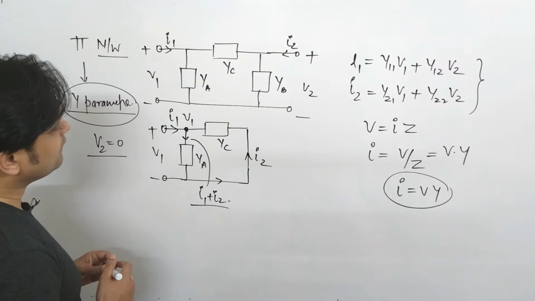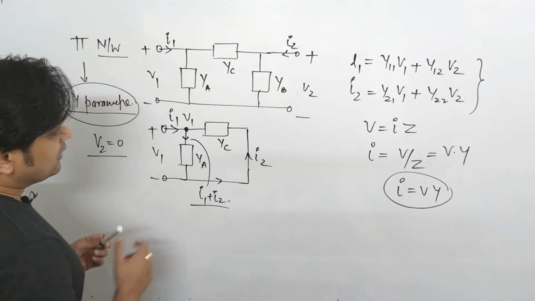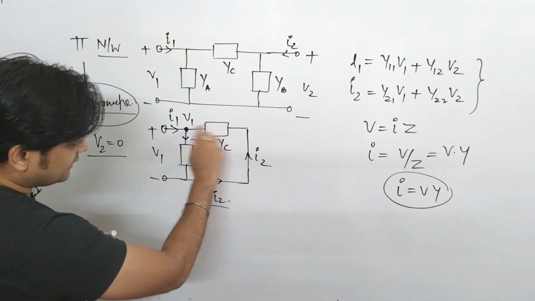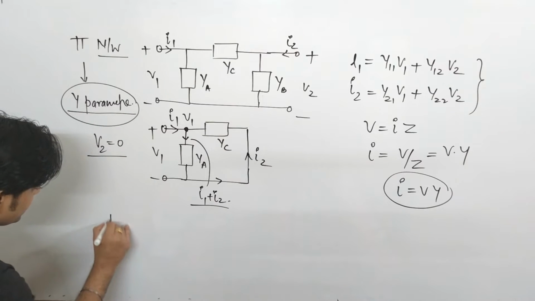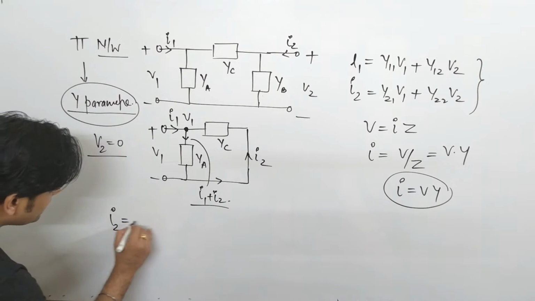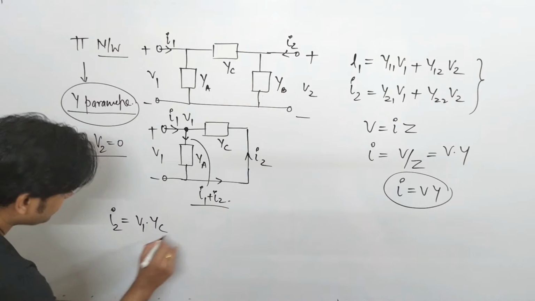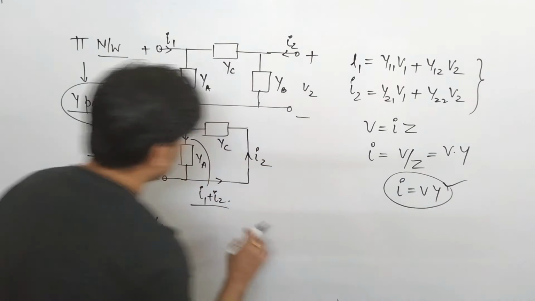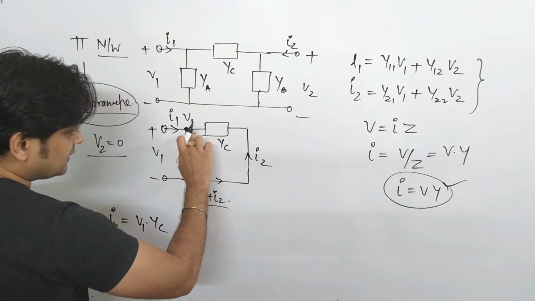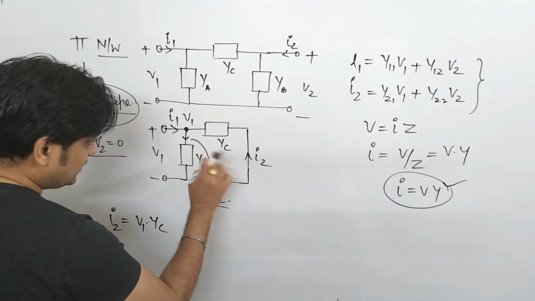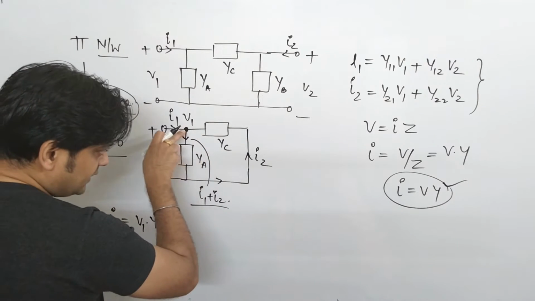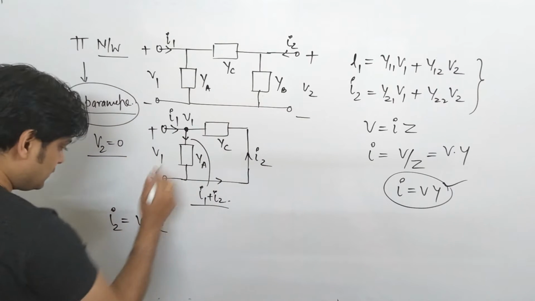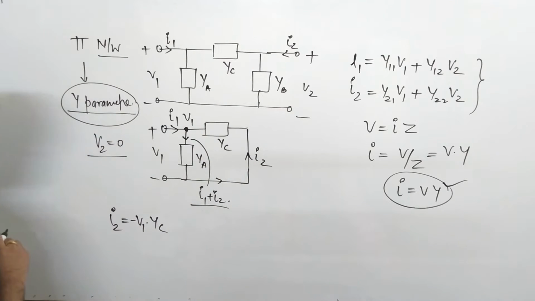Now this is your current I2 and V1 is the voltage which is in this branch. So what can you write? The value of I2 comes to be V1 into YC, as our formula. The only thing is, whenever we stand on this node, we say that the current is moving in this fashion, but this current is coming towards the node, so that comes to be minus. So I2 is minus V1 YC.